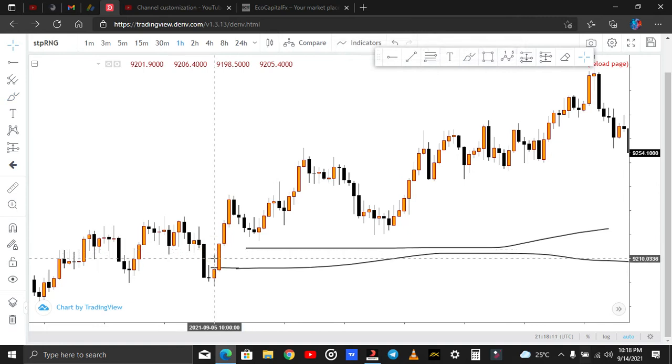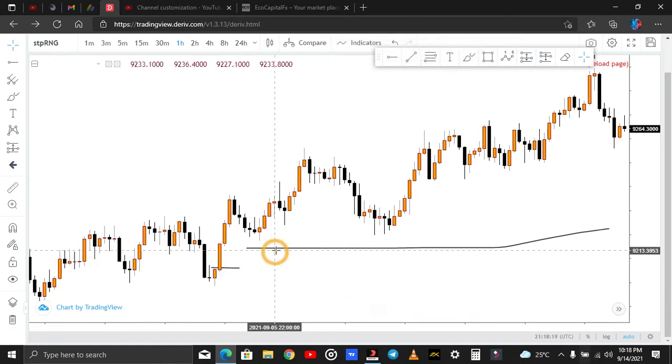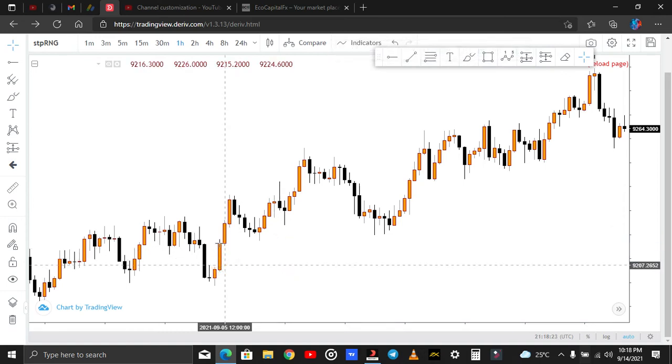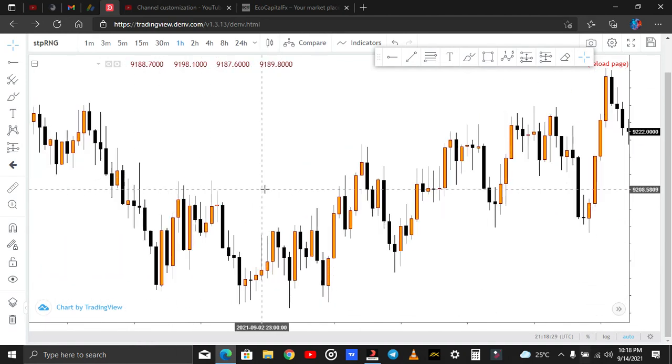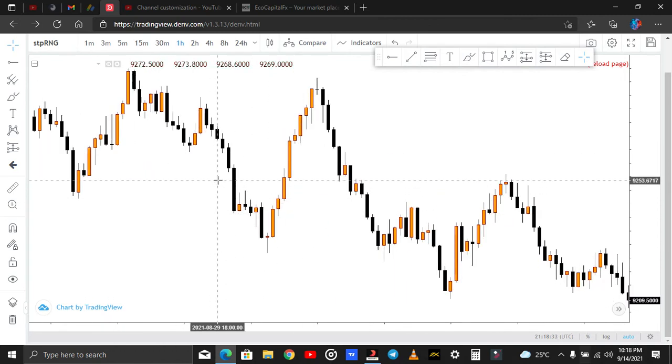All right, I still have to show you examples of imbalance. Rather, imbalance and inefficiency mean the same thing. But I still have to show you examples of liquidity. Let me just show you a few more examples of price imbalance.